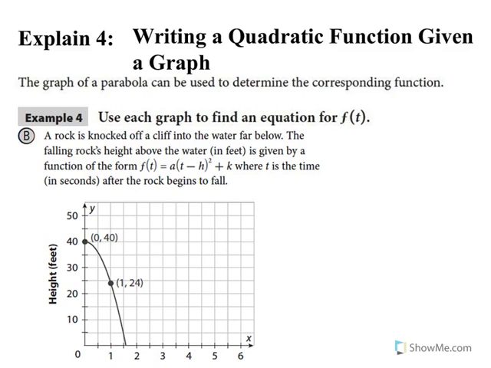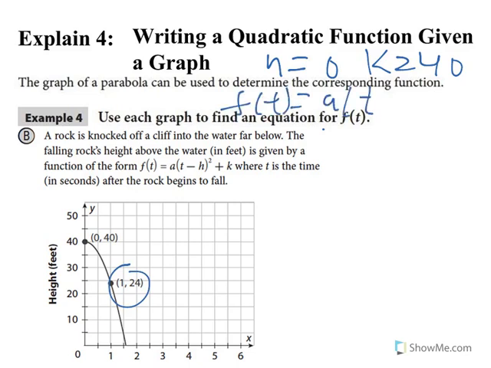Here we're given the vertex, so we know that h is equal to 0 and k equal to 40. So we pick this point here. So our equation f of t equals a times t minus 0 squared plus 40.